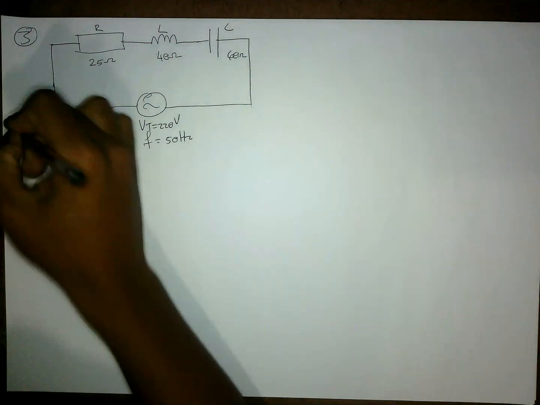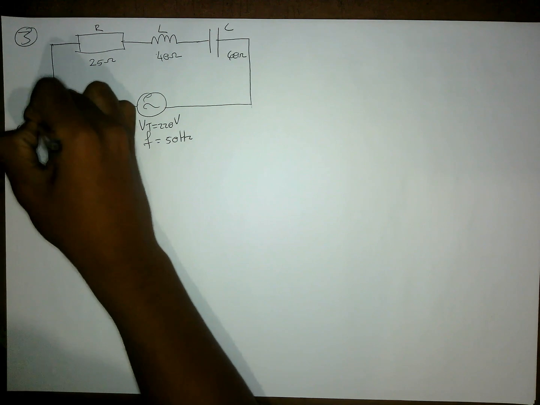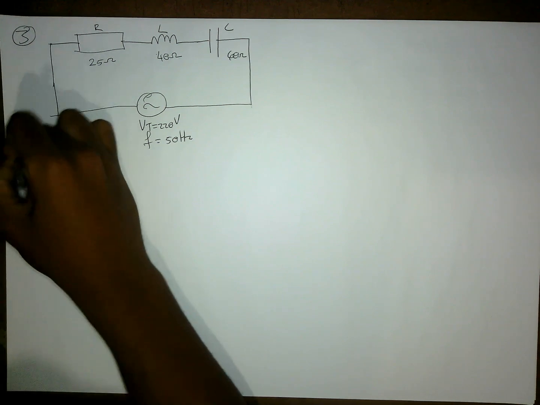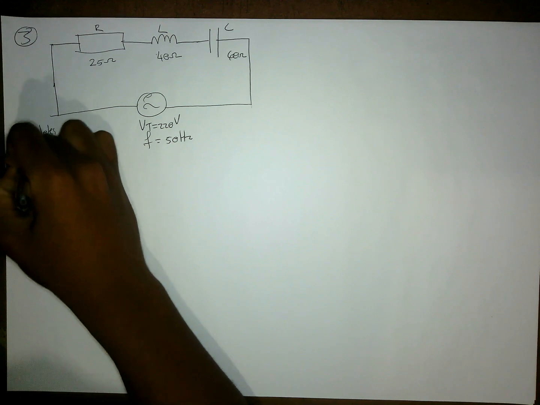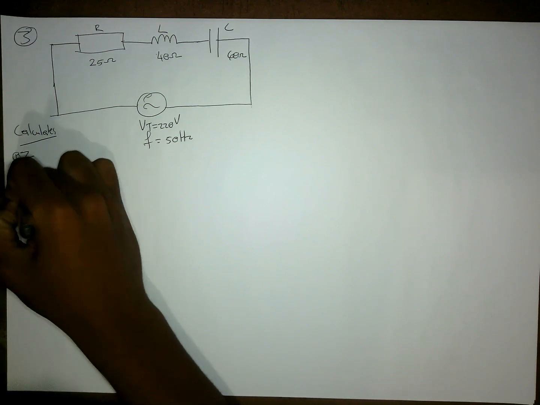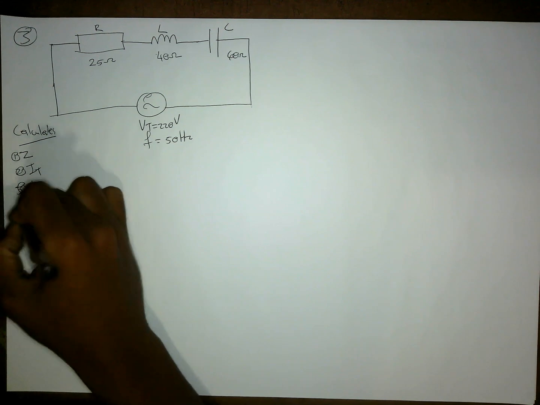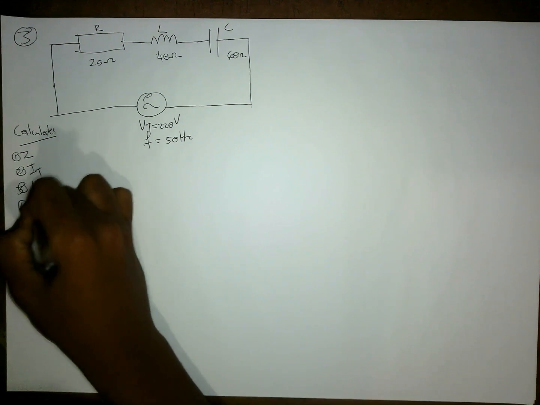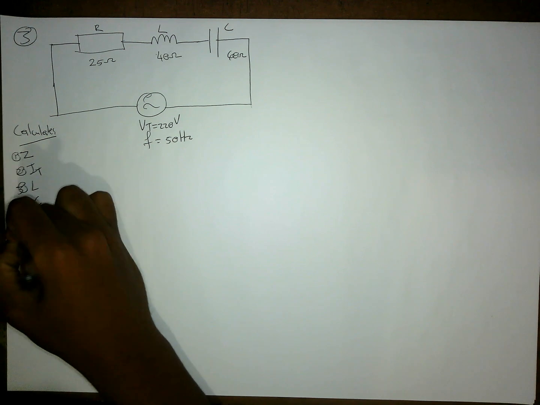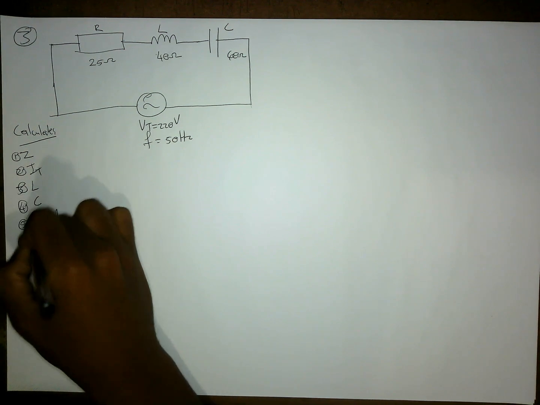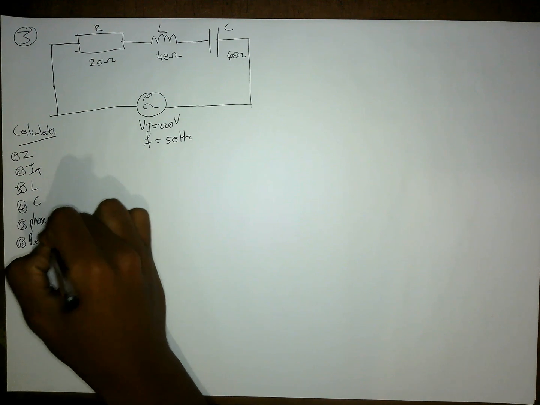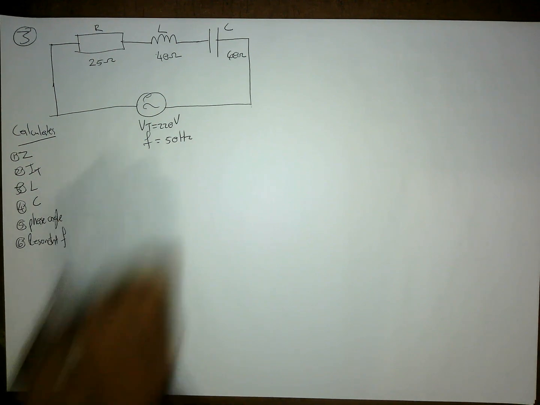They are saying we must calculate the following: Z, I total, L, C, phase angle, and then resonant frequency.